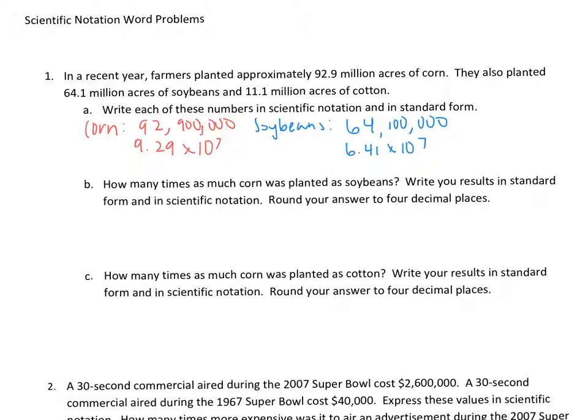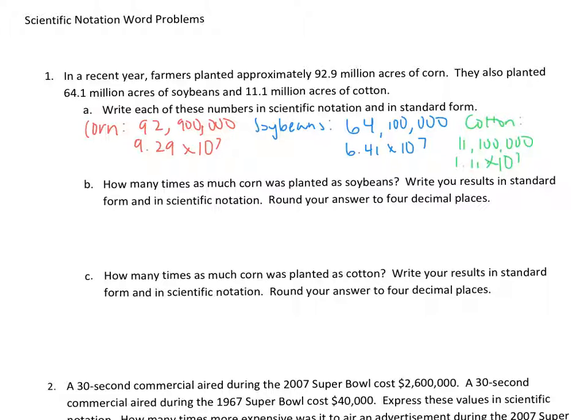Again, that has the same amount of place values after soybeans as corn did. And then if I look at cotton, 11.1 million would be written as 11,100,000. And then in scientific notation, that would be 1.11 times 10 to the 7th. So that would be for part A.